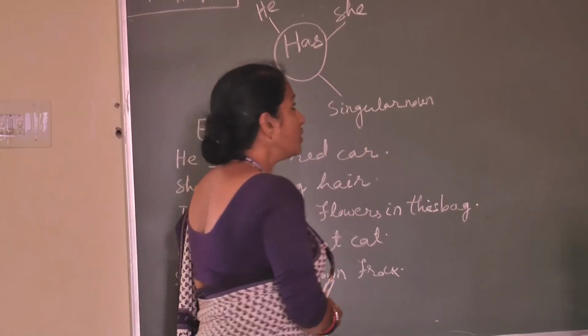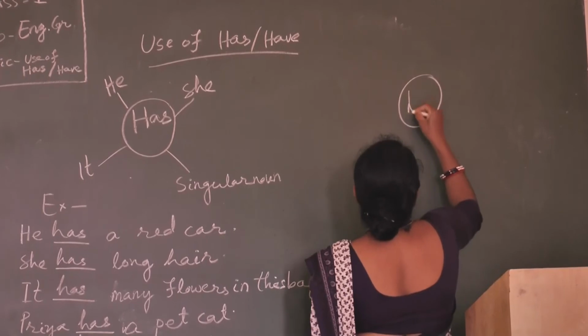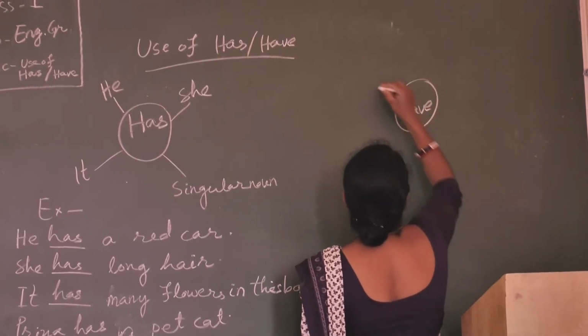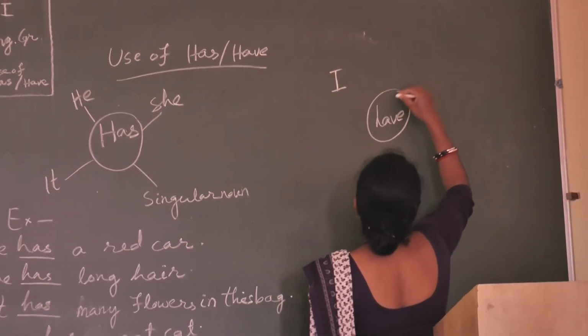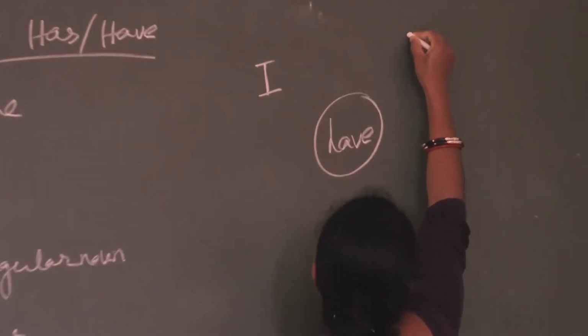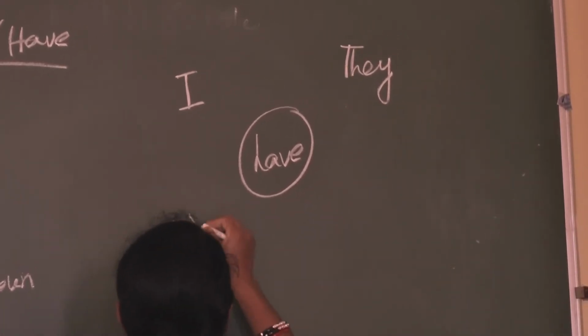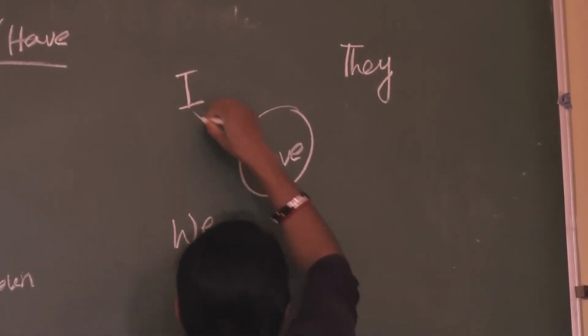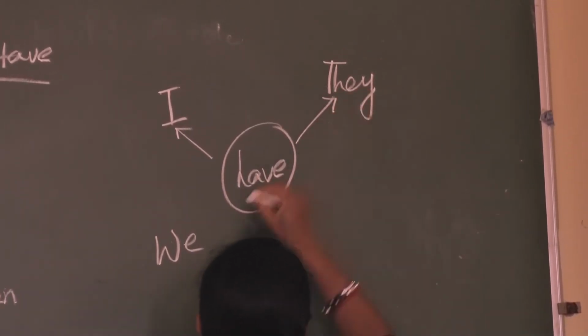Let's, children, see the use of have. We use have with I. We use have with they.